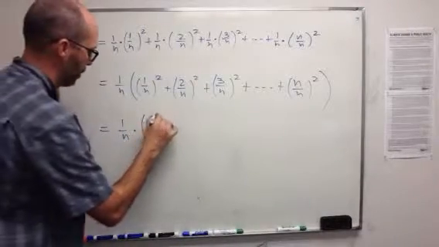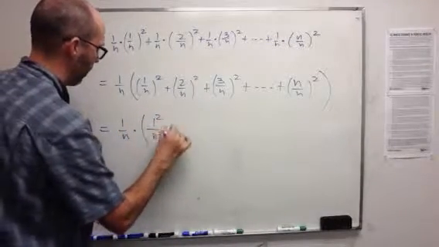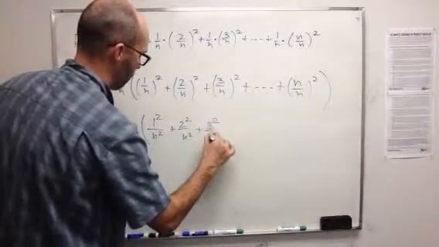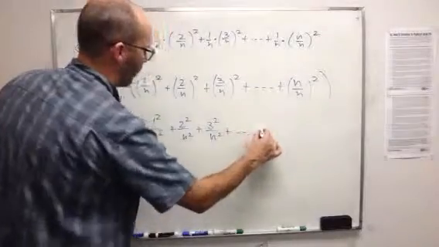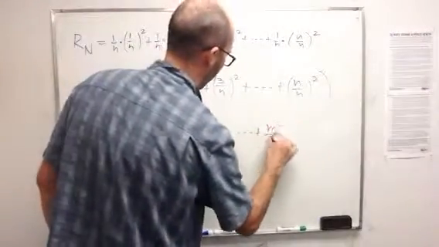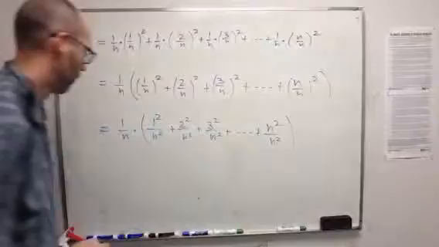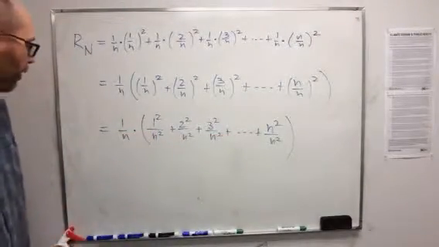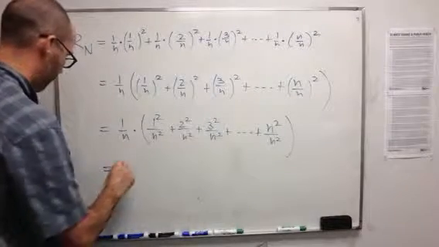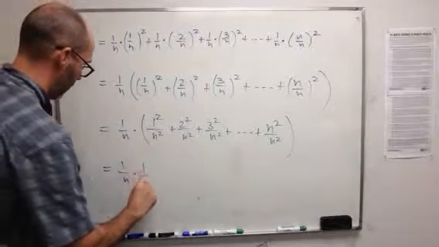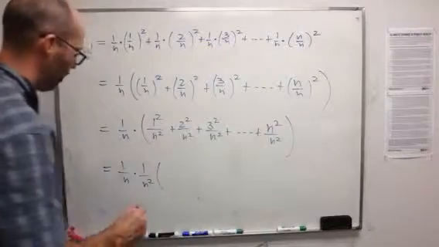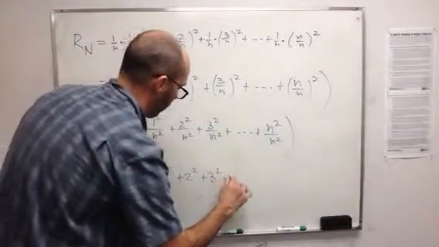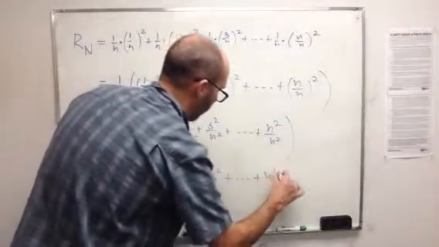Using rules for exponents, we see we got 1 squared over n squared, 2 squared over n squared, 3 squared over n squared. Continuing this way, n squared over n squared. Now notice that we could factor out, again, a 1 over n squared. That's 1 squared plus 2 squared plus 3 squared plus up to n squared.